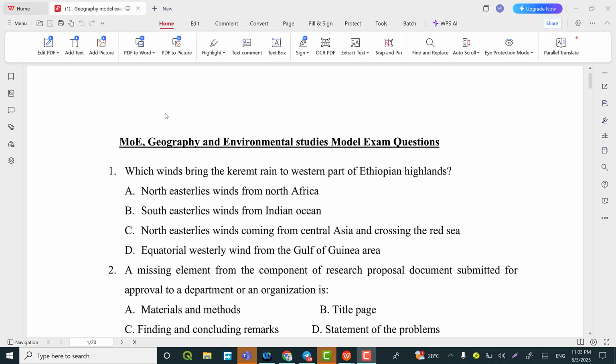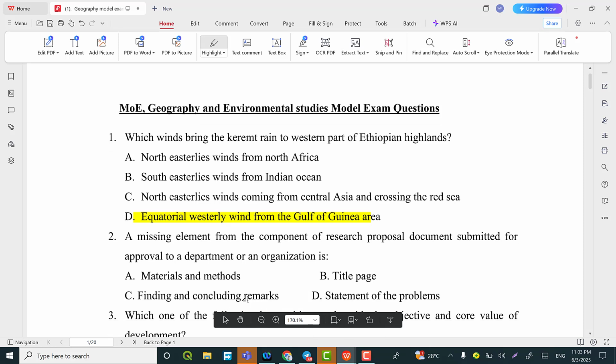But the main responsible wind is the one originating from the Atlantic Ocean, mainly the equatorial westerly. Therefore, the answer is equatorial westerly wind from the Gulf of Guinea. Then let me highlight the answer. The answer is D.